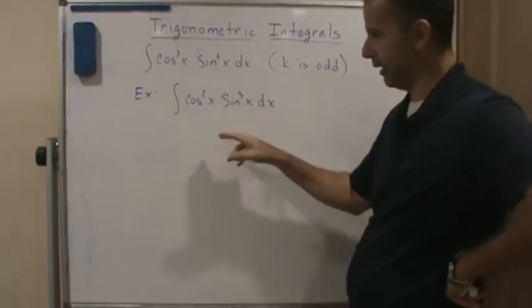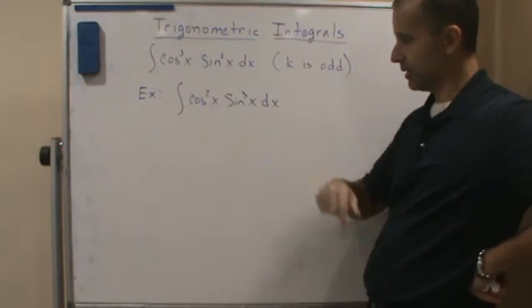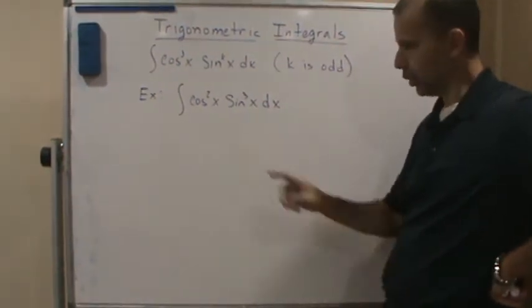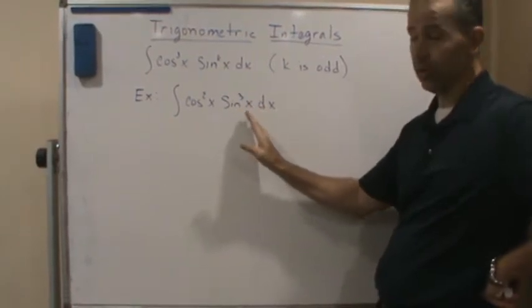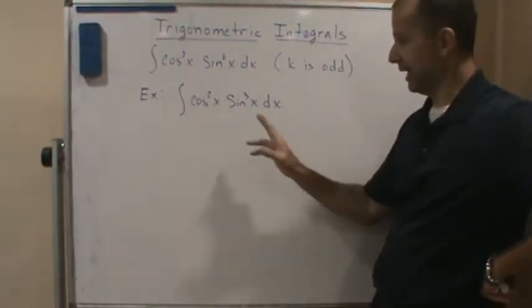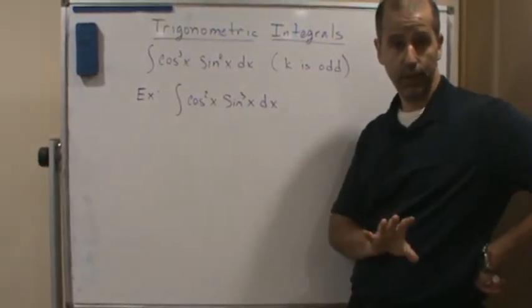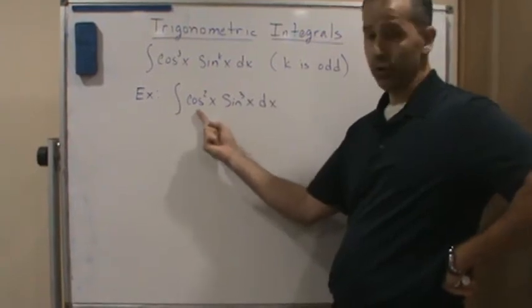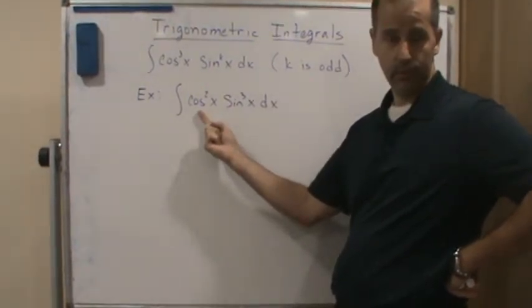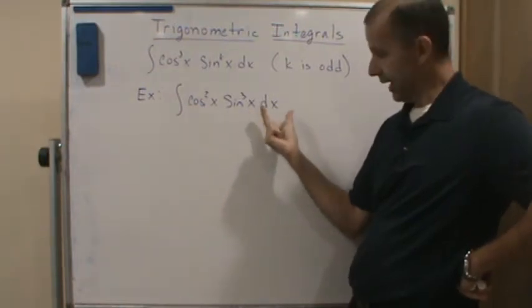So in this example, I've got cosine squared x times sine squared x, or excuse me, sine cubed x, where this is odd. Part of the technique is that I'm going to shave off one of my sines, because I want to do a u substitution where I make u equal to cosine. The derivative of that will be the negative sine, and I can group that up.